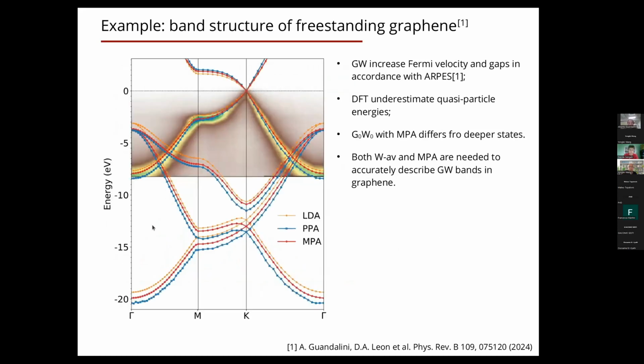These two features, the W average and the multipole approximation, have been implemented in the Yambo code, and we also implemented their combined use. Here, we use this to compute, with an efficient yet accurate scheme, the band structure of graphene, both near the Fermi level and for low-lying states.